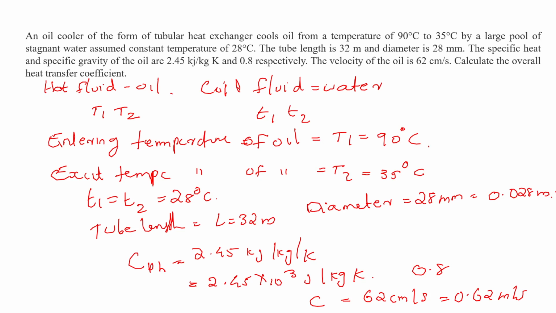Now what we have to do is calculate what they asked, the overall heat transfer coefficient. For doing that, the specific gravity is already given. So specific gravity will be density of oil divided by density of water.